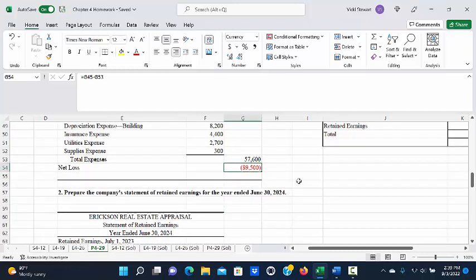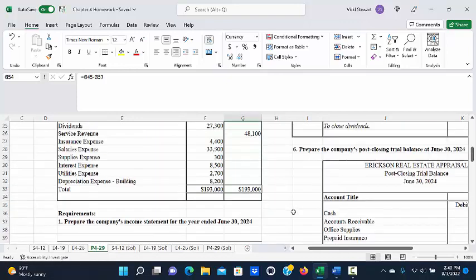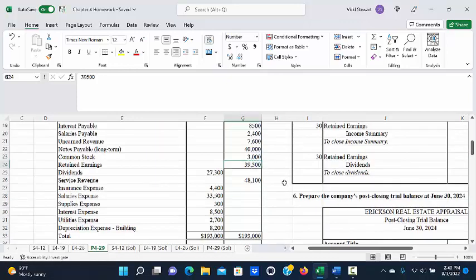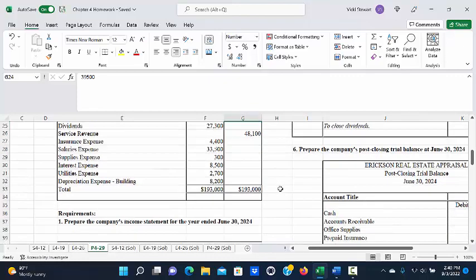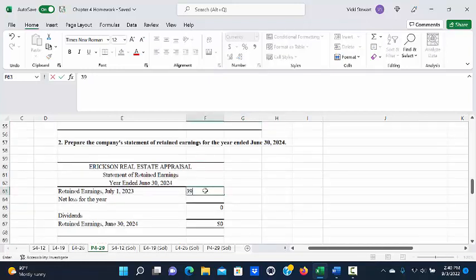$9,500. The next requirement states to prepare the company's statement of retained earnings for the year ended June 30th, 2024. So we're going to get our beginning retained earnings from the adjusted trial balance, and that was $39,500.